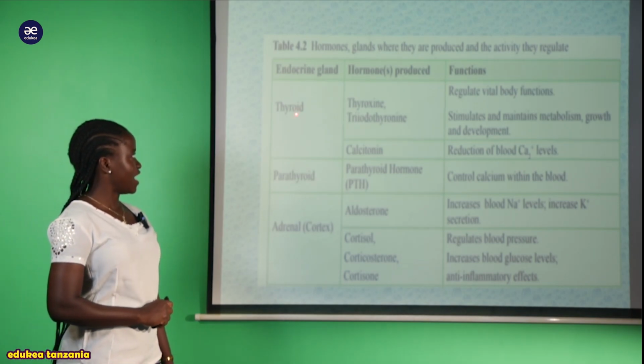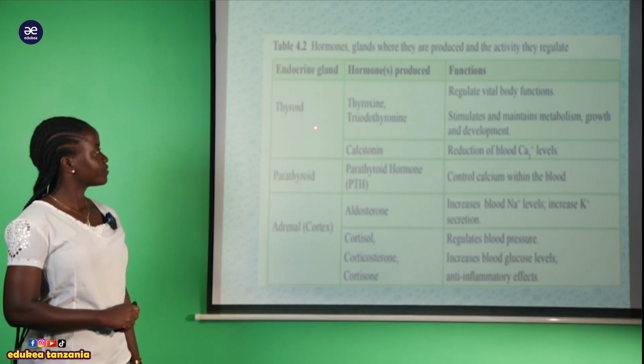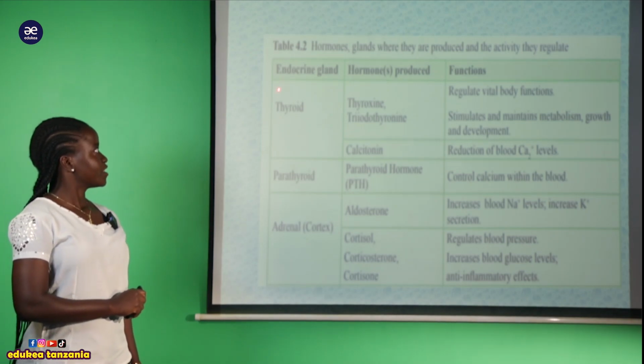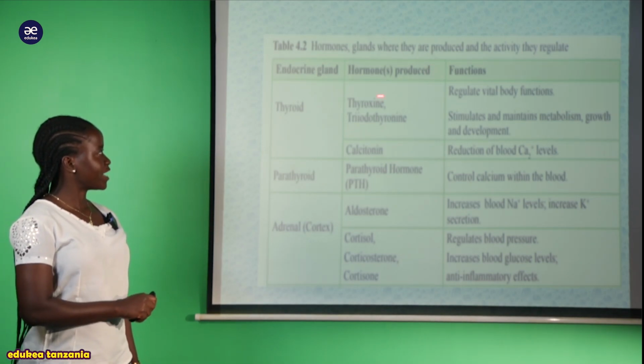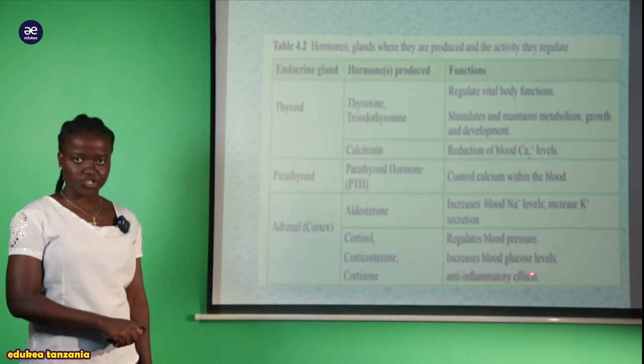As you can see here, we have the thyroid. This one is the endocrine gland, but here we have the hormones produced and the function.